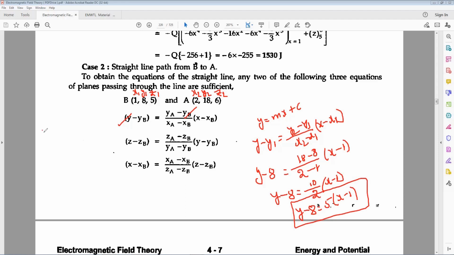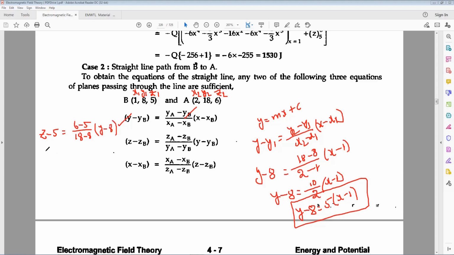For the second, z minus z1, you can consider, that is z minus 5 is equal to z2 minus z1, 6 minus 5, by y2 minus y1. So y2 minus y1 is 18 minus 8, into y minus yb, which is the 8 value.